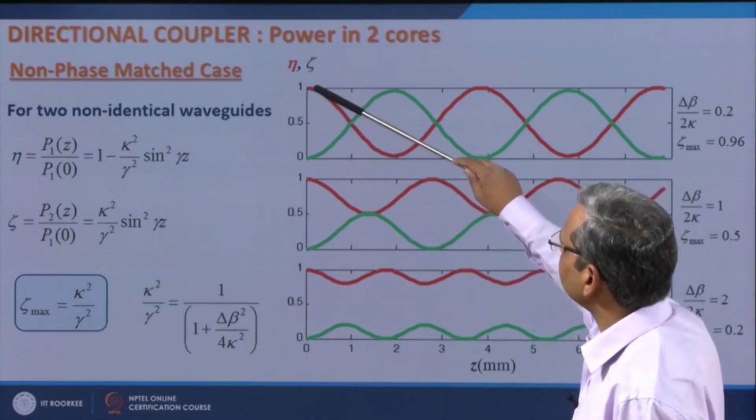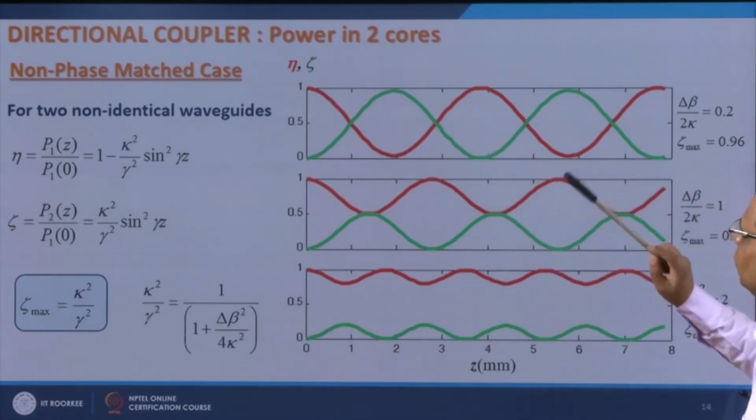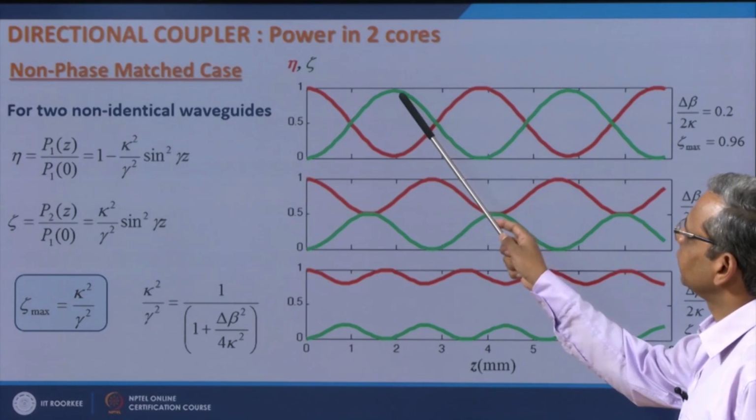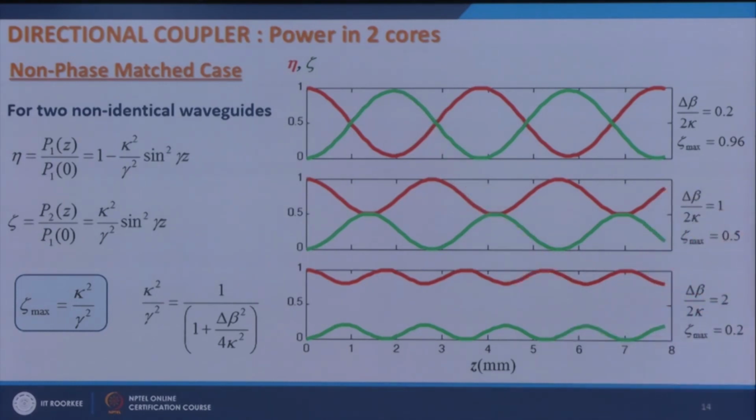So, this is the variation of eta and this is the variation of zeta. You can see that only 96% power can be coupled from core 1 to core 2, but delta beta is very small here.